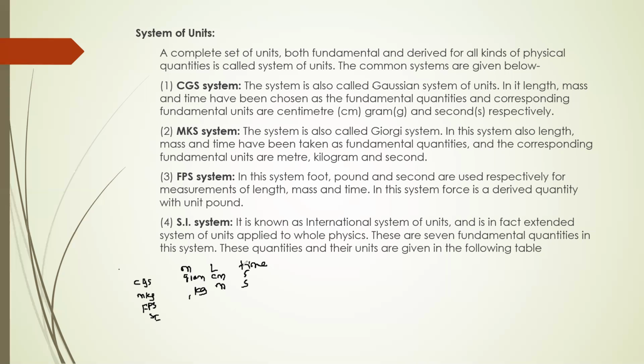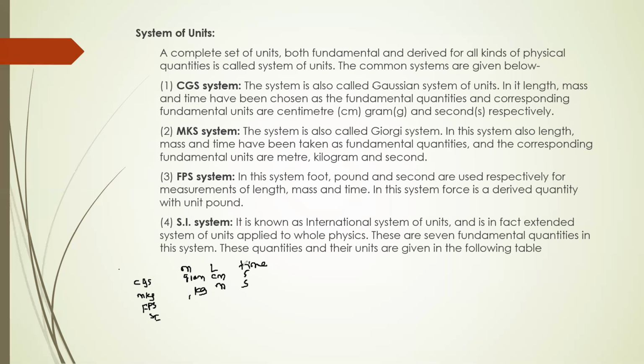The CGS system is called the Gaussian system of units. Length, mass, and time have been chosen as fundamental quantities, and the corresponding fundamental units are centimeter, gram, and second. The MKS system is also called the Georgi system.